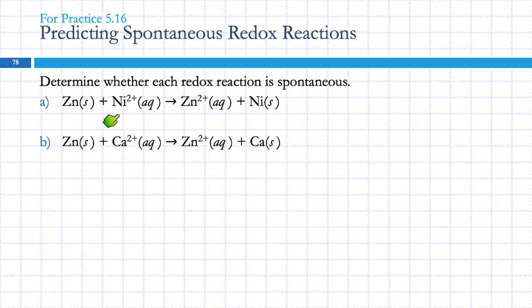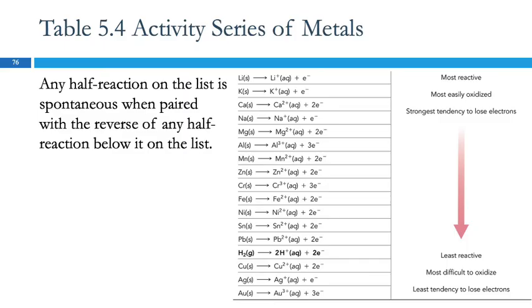So what we need to find out from that activity series is which of these is more desirable, which one's higher on the list. If we look at the list, here is zinc, and here's nickel.